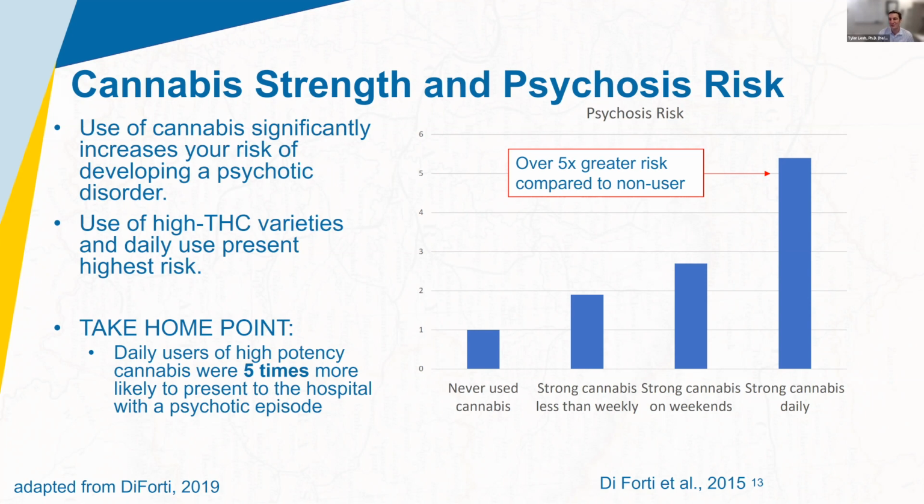If you were to go to your average dispensary nowadays, you would have to really specifically seek out those other strains that usually are marketed more for sleep aids, or I have arthritis and chronic pain. Sometimes they'll do lower THC varieties with higher CBD, and I think that's the marketing ploy for the lower strength cannabis. But most often if you grab something off the shelf, it's going to be a high potency THC variety.